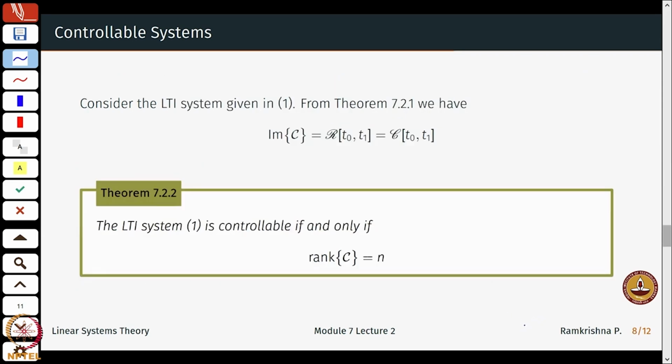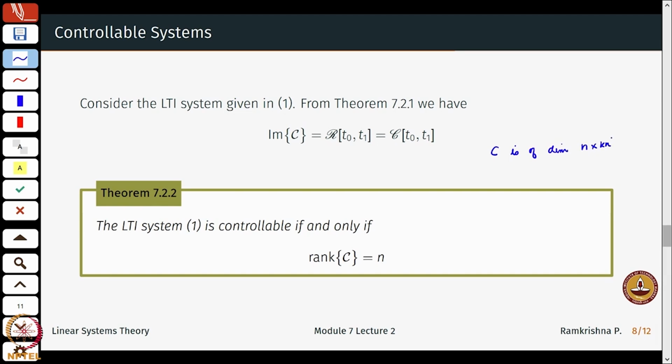Well, the linear system is controllable if and only if the rank of the controllability matrix is n. So, one way to interpret this is: what is C? C is of dimension n cross k times n.